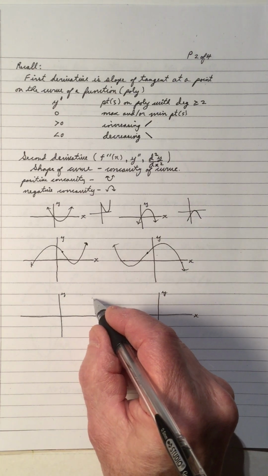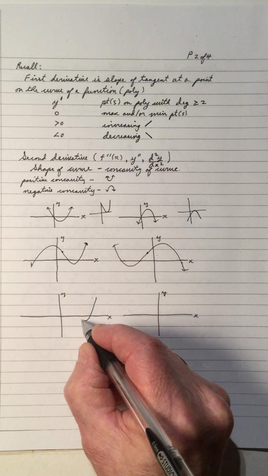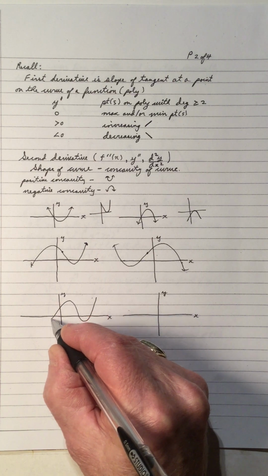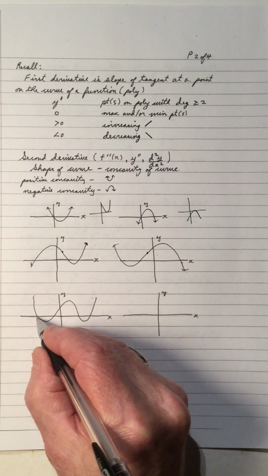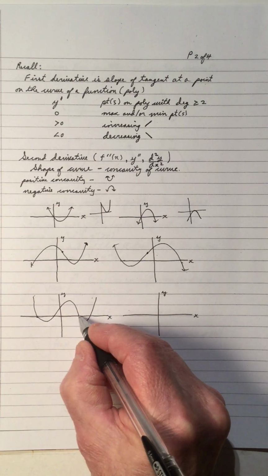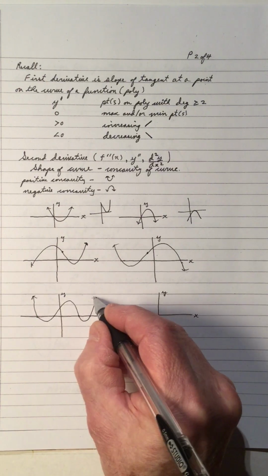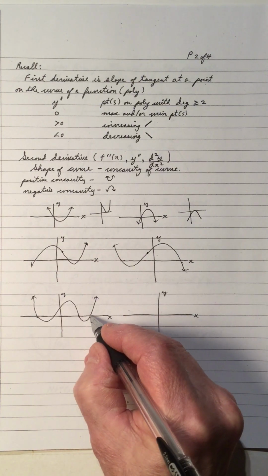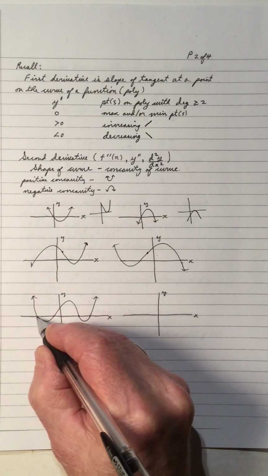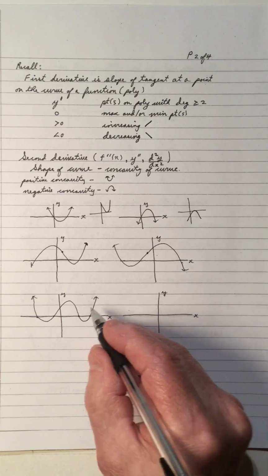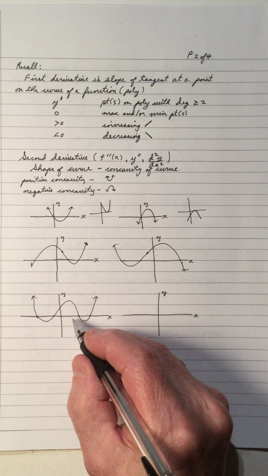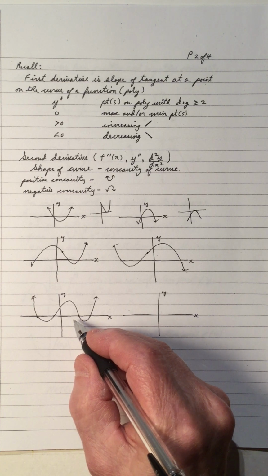And we could have a quartic, and the quartic could be doing this. Notice we have 1, 2, 3, 4. I'm taking the simplest quartic, degree 4, and we have 4 x-intercepts. So here we could have 2 points.